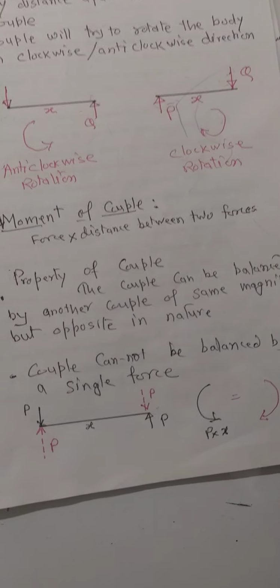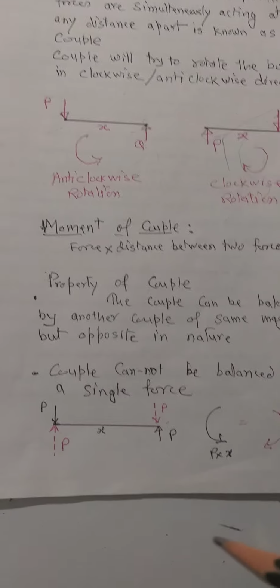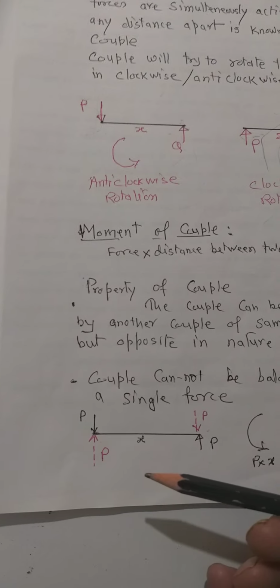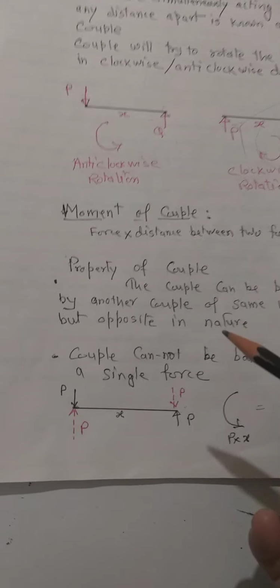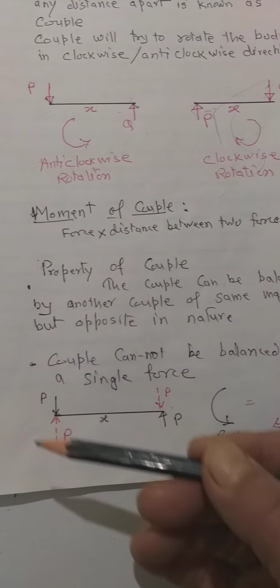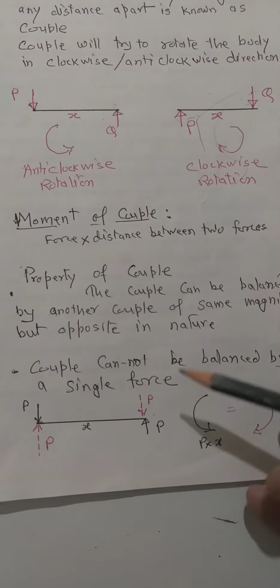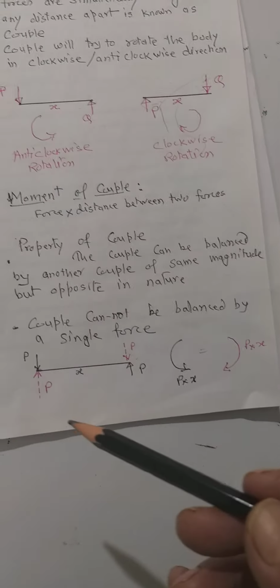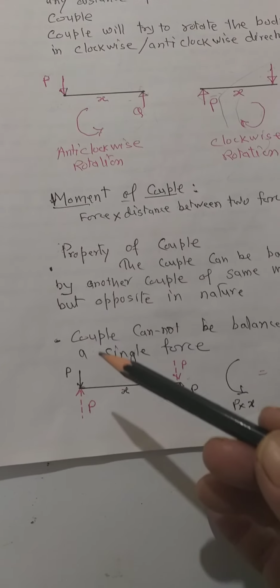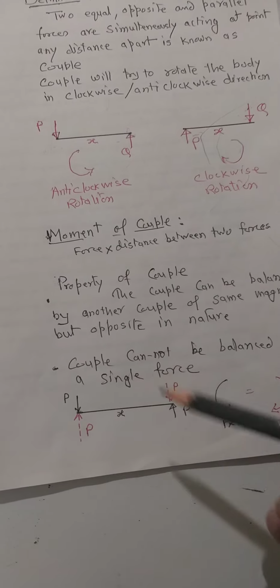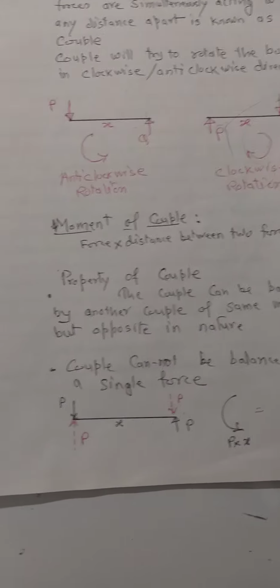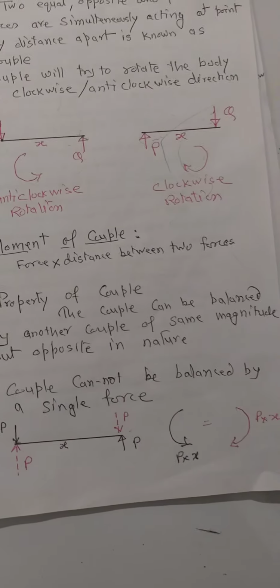But as per the definition, a couple can only be balanced by another couple of the same magnitude but opposite in nature. If this is rotating like this, another couple applied like this, of the same magnitude as shown over here, will try to rotate in this direction, and we can say yes, the couple can be balanced by another couple of the same magnitude but opposite in nature.